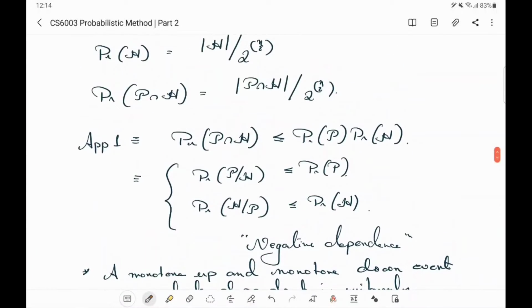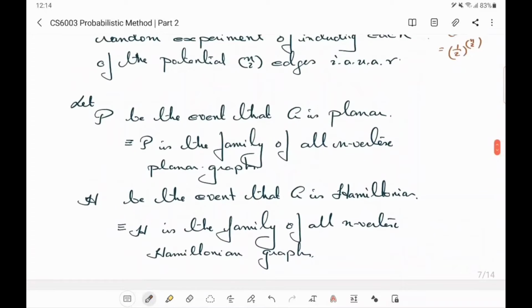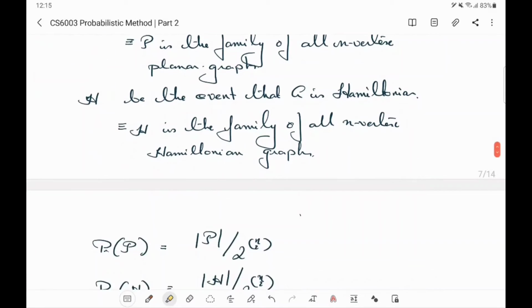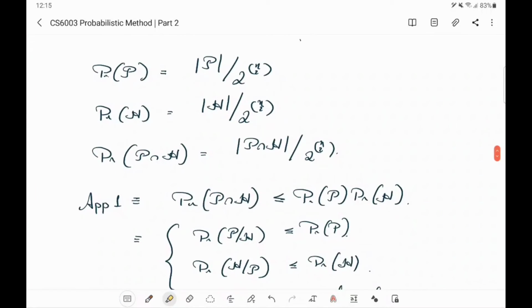But both of them are the same thing, because here our sample space is a collection of graphs, so your events are going to be families of graphs. For example, planar graphs, or another example, Hamiltonian graphs. So P and H happen to be events, and the downset property implies that they are monotonically down events.